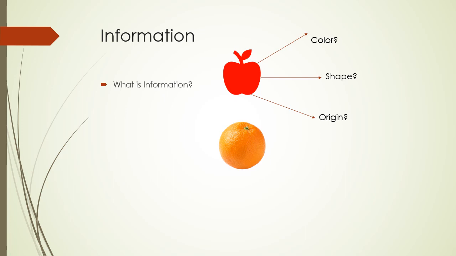We saw that these fruits are clearly different in color, shape, and origin. So they are definitely two different fruits. But what exactly does it require in order to distinguish these two fruits from one another?